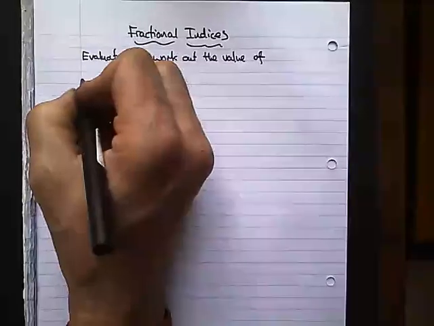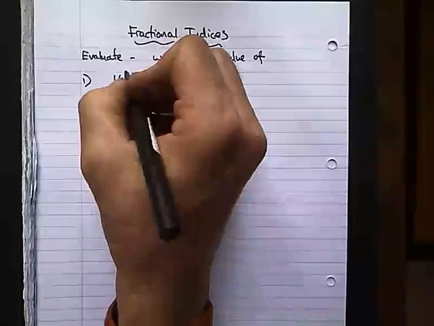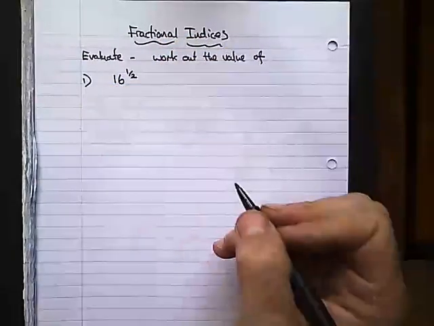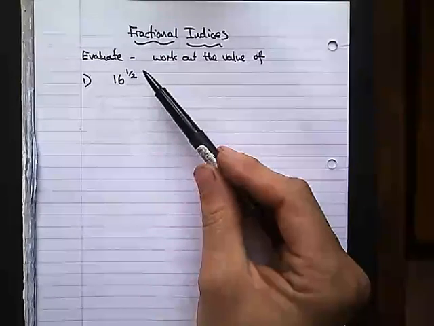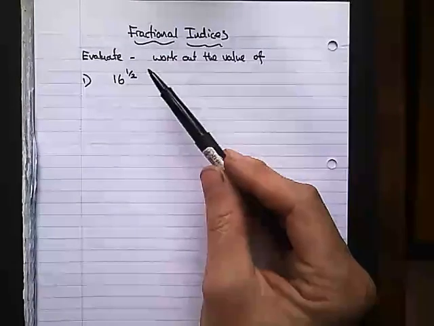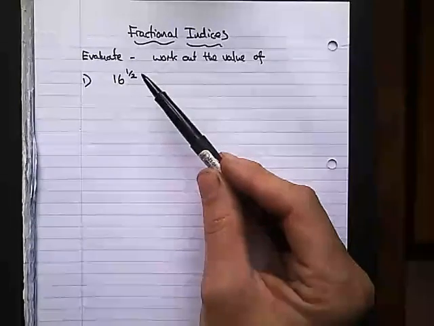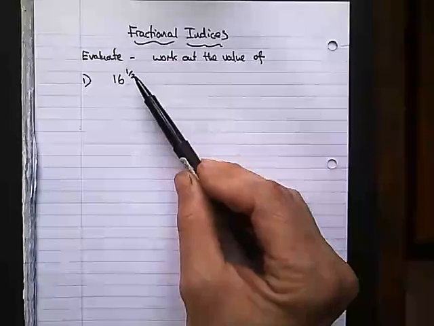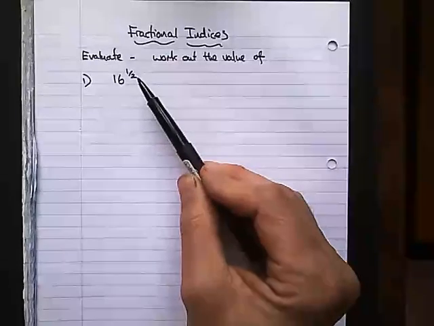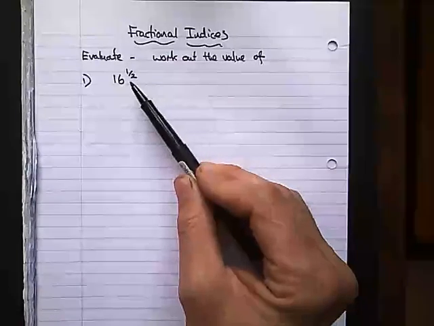So example one, 16 to the power of a half. Now, all these fractional indices represent is, instead of squaring or cubing, what we're looking at is square root, cubed root, and such. Okay, the number on the bottom tells you what root you are going to take. So because it's a 2 on the bottom, I'm going to work out the square root.